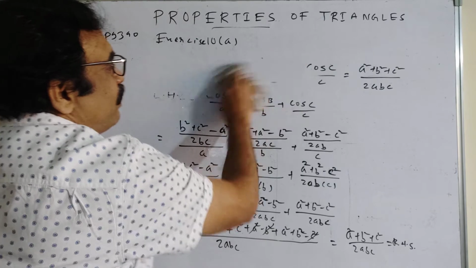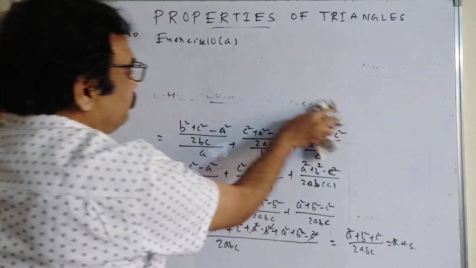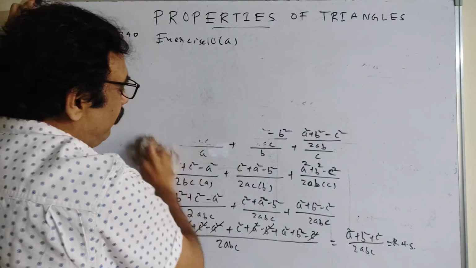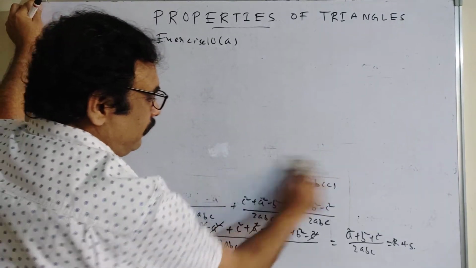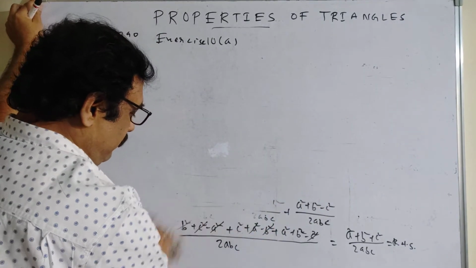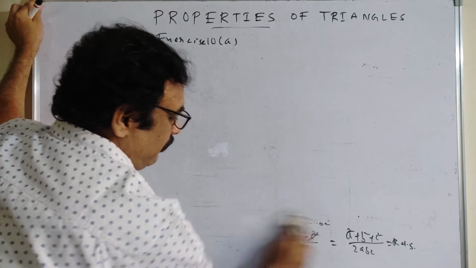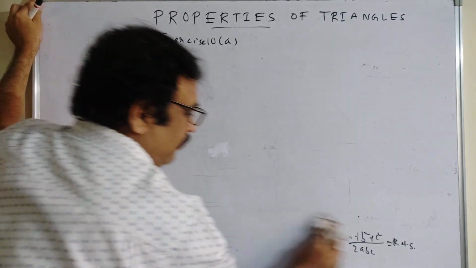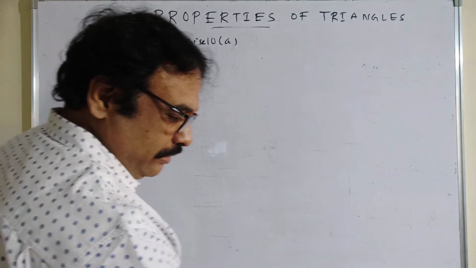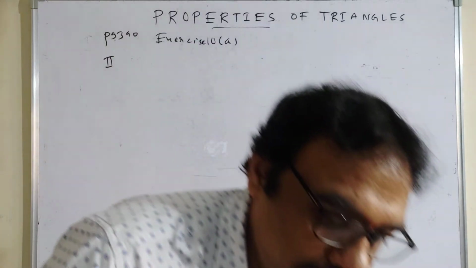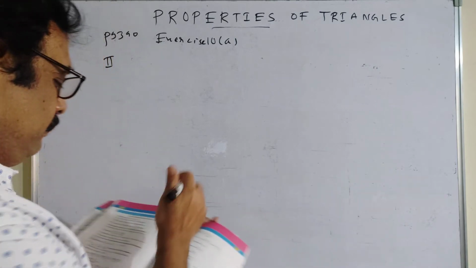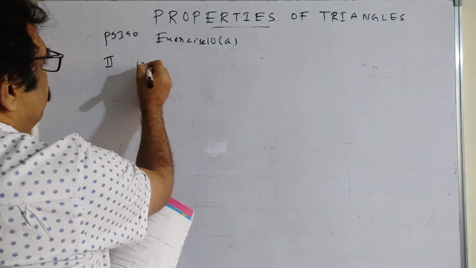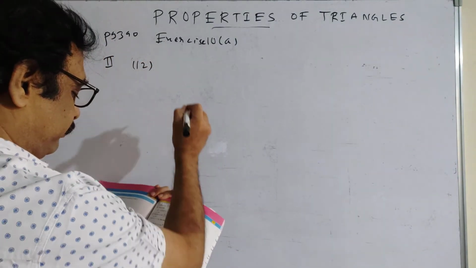That next problem is going to be Roman number 2, problem number 12.